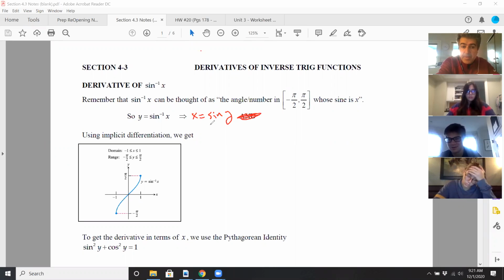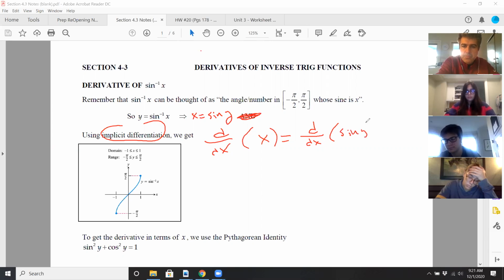So again, that's the same thing, x equals sine y. Well, if you do implicit differentiation, I hope you guys remember that. Hope you guys didn't forget over our break. You take the derivative of both sides with respect to x. And that's going to be 1.